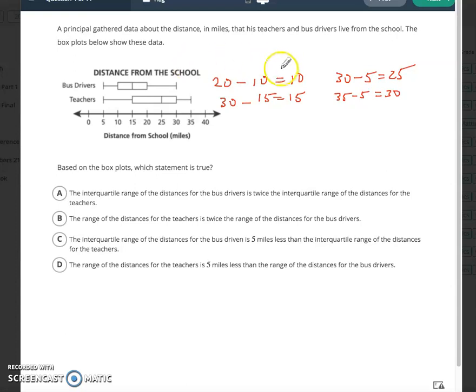Well, that's true. Going back here, these were the IQR, right? So it's 10 for the bus drivers, 15 for the teachers. So it says the interquartile range of the distances for the bus drivers, which is here, the 10, is 5 miles less than the interquartile range for the teachers. That's true. So our answer is C here.